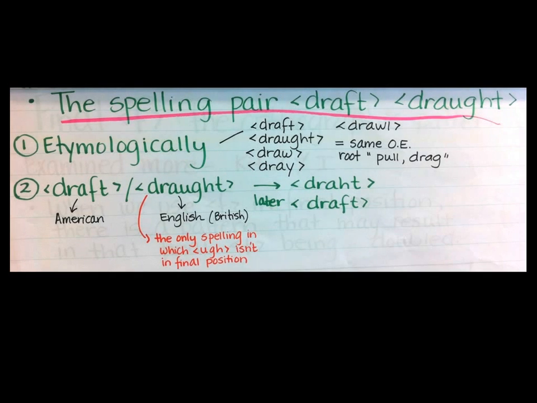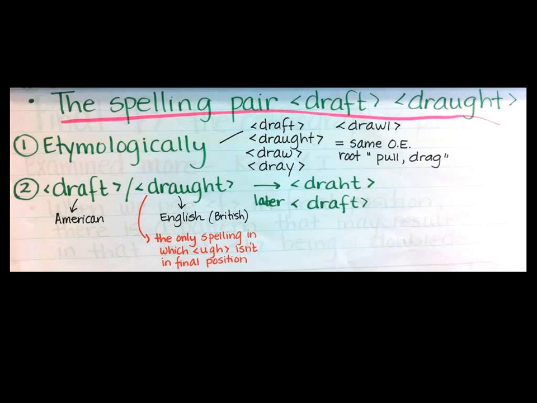The spelling pair draught and draft, right there, are etymologically connected. You can see how that happens, just like draw there listed, and drawl. They come from Old English and they were shifted.